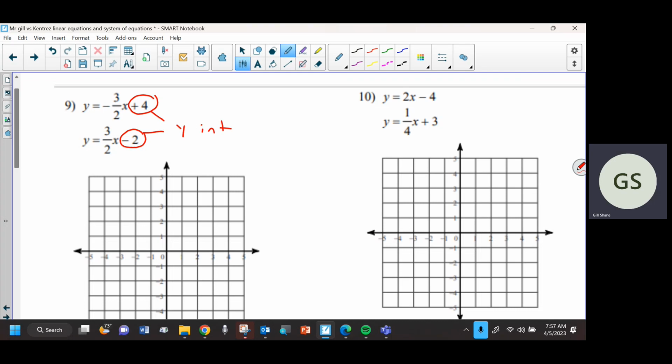The slope is always the number with the x. Technically, it's being multiplied times x, but you can just think of it as with the x. So find my slope for that, and include any negative in front of it.